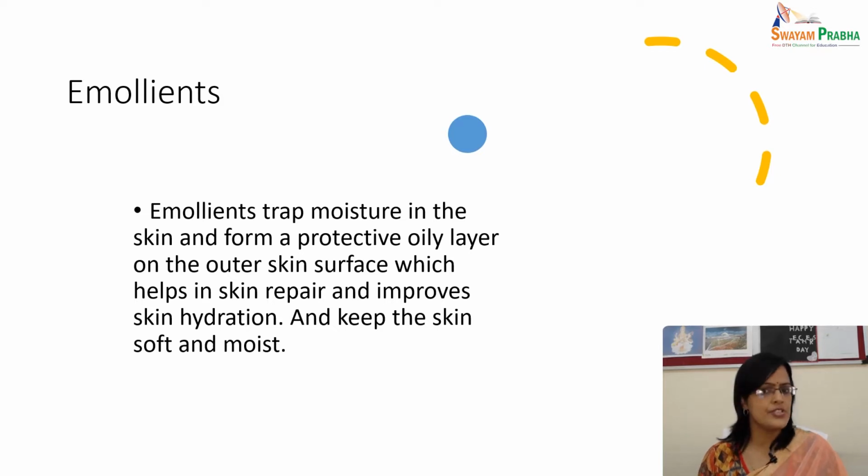So overall, these agents soften the skin by replenishing oil and lipid. By filling the void space on the skin surface, they cover it with a protective film and trap moisture. Just remember that emollients are going to keep your skin moist, hydrated, and protect the skin from various skin conditions that we will see later in this module.